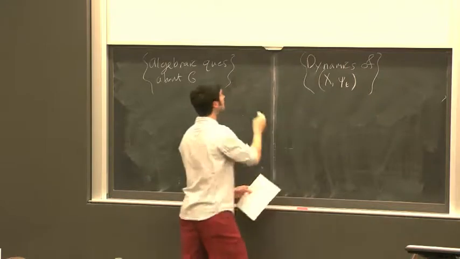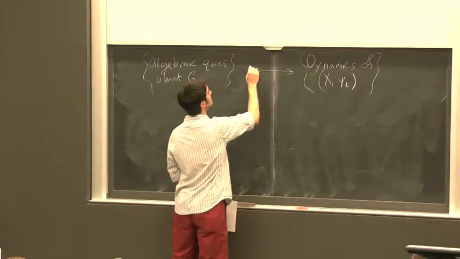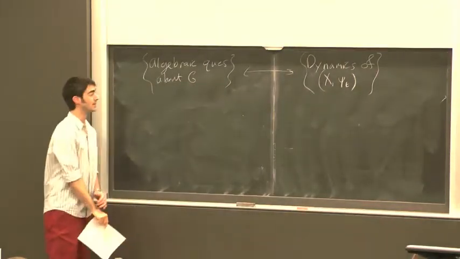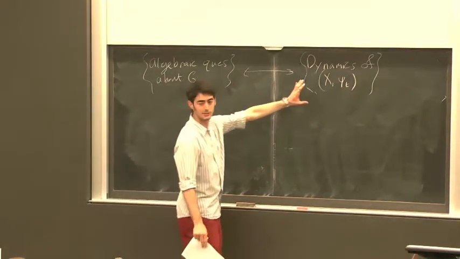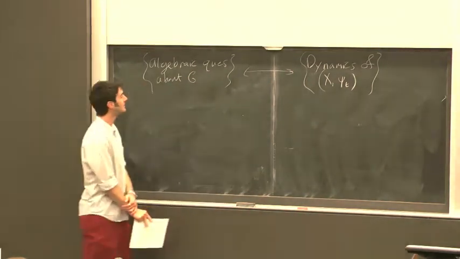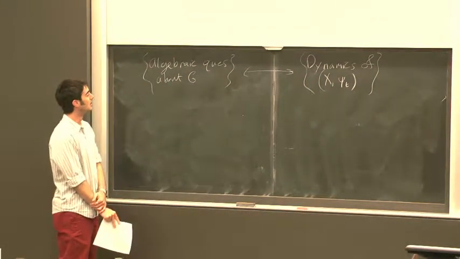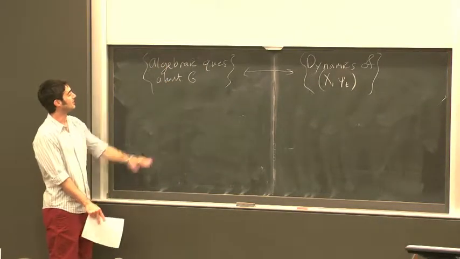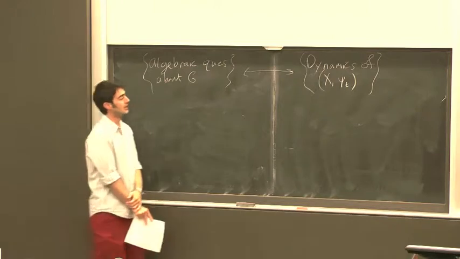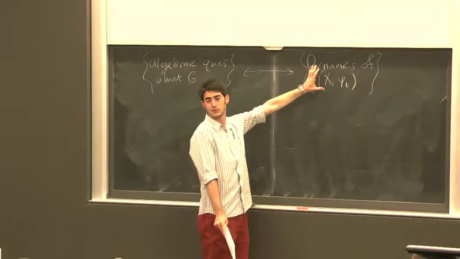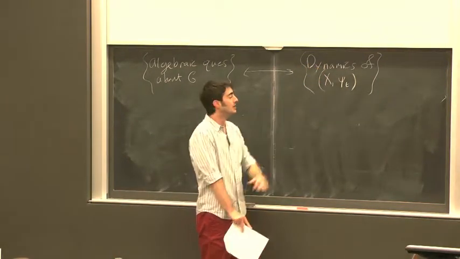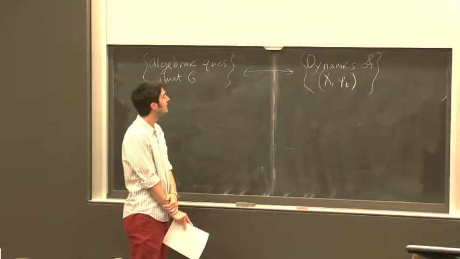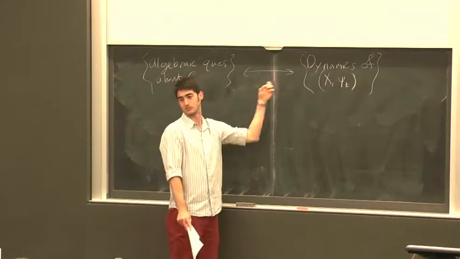It turns out these are related to each other in interesting ways, which is what we're going to try to explain in these talks. I'm going to focus on this half of the story, the algebraic questions I was posing before, and in Chris's talk next, he's going to focus more on this picture. So that's the plan. But I want to tell you a little bit about how these are related to each other.